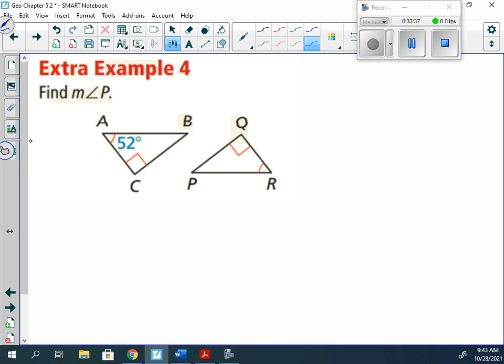Find the measure of angle P. So do we have 2 angles in one triangle matching to 2 angles in the other? So the third angles must be congruent, which is telling me that B and P will be the same. They will have the same measure, yes? Because C and Q are 90, so they would be congruent.